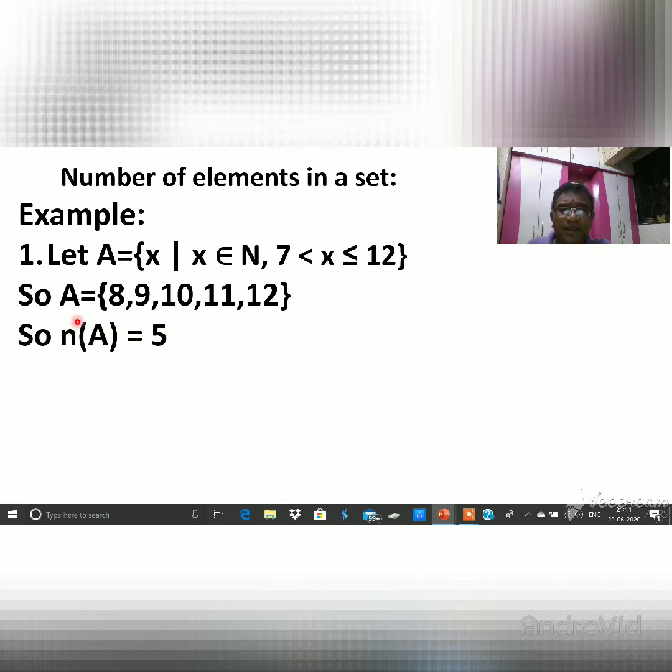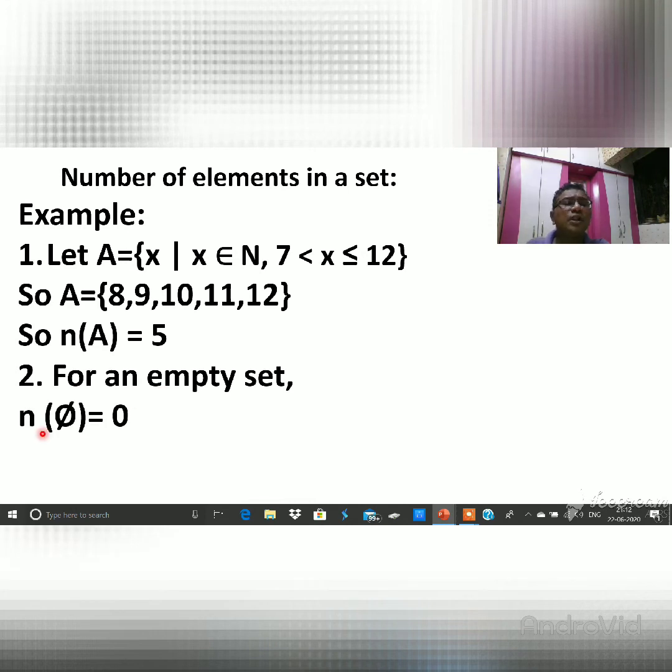That is counted here, and it is called the number of A. 1, 2, 3, 4, 5. So the number of A is equal to 5. For an empty set, there is no element, so the number of elements of the empty set is equal to 0.